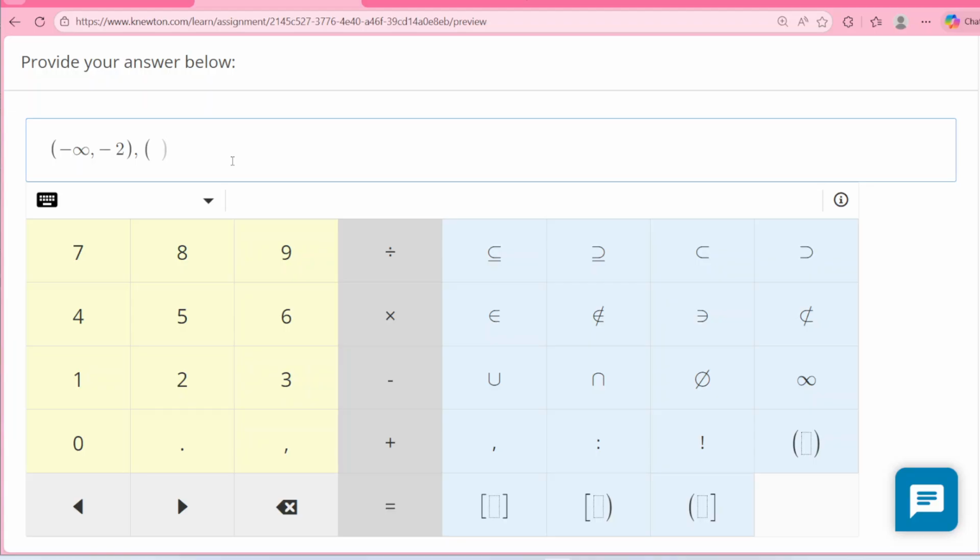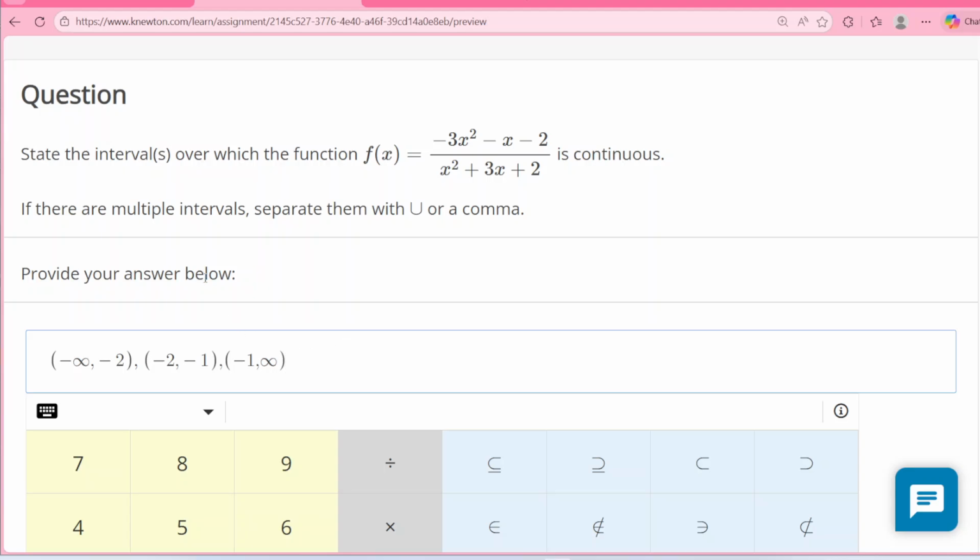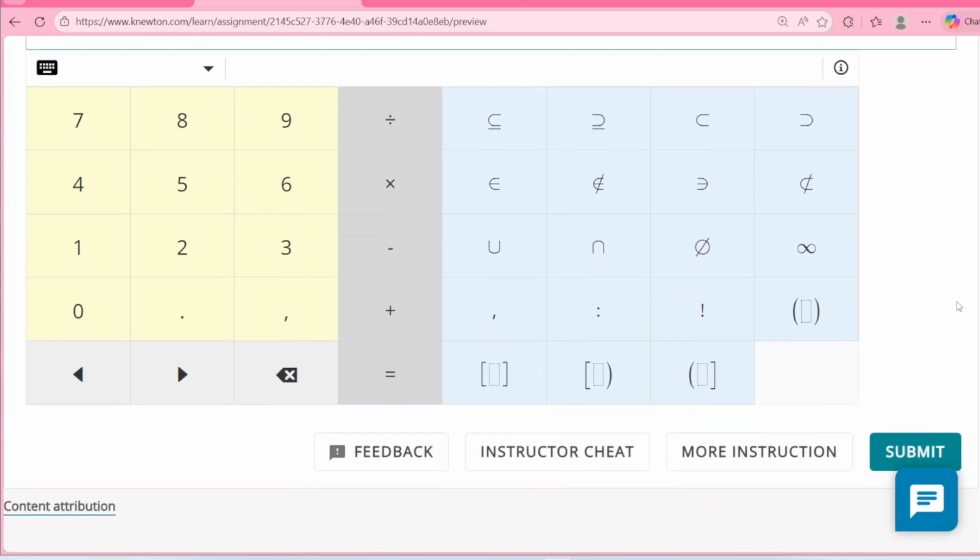So then parentheses, -2 to -1, comma, and then from -1 to infinity, which is also here. And that should be good. These are the intervals over which this function is continuous. And if you'd like to go to Desmos and make a graph of this, you'll see that at -2 and -1 there are discontinuities. So it's continuous everywhere else.